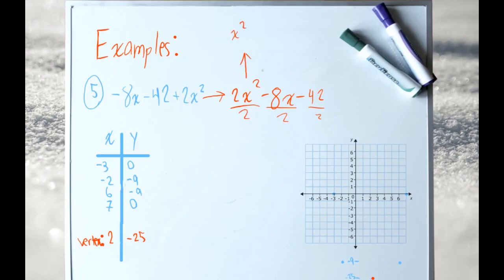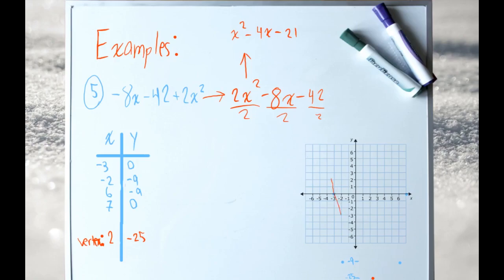Negative 8x divided by 2 is negative 4x. And negative 42 divided by 2 is negative 21. That's going to make getting our table a bit easier, and I've done that in advance for us right here, and then I plotted our points for step 2. Let's do step 3 and connect these dots.